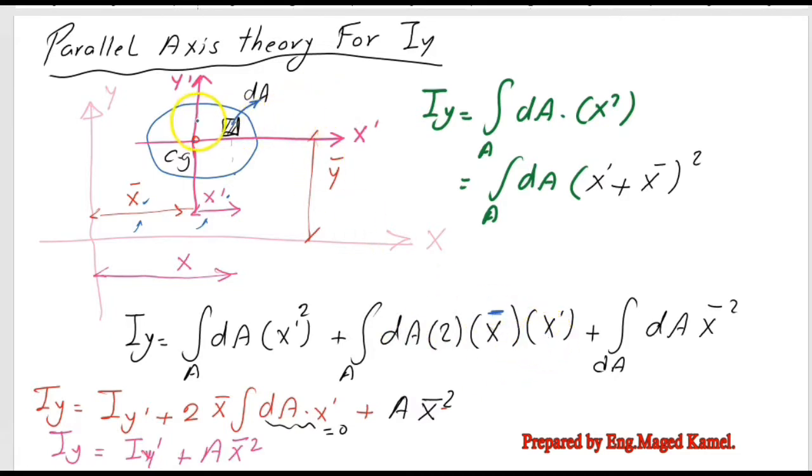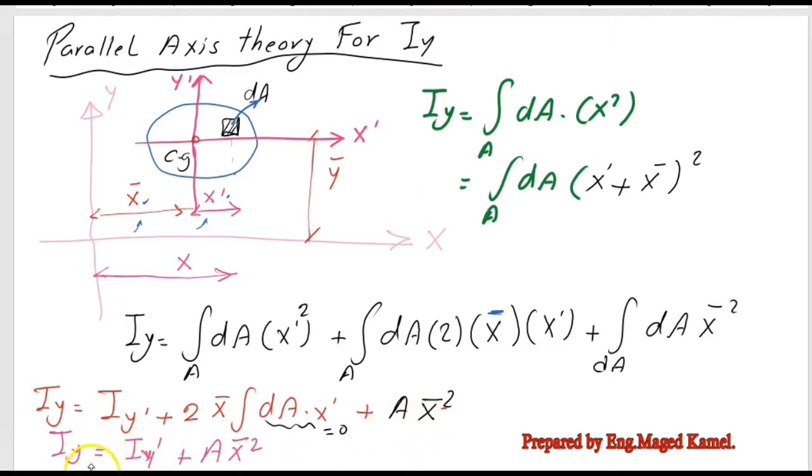The dA by x dash is also the first moment of area about the y dash, which is passing by the CG, which is equal to 0 because this is the CG. This middle term will come to 0, plus the integration of dA multiplied by x bar squared will be equal to the capital A by x bar squared.